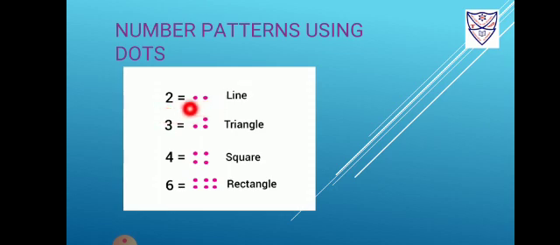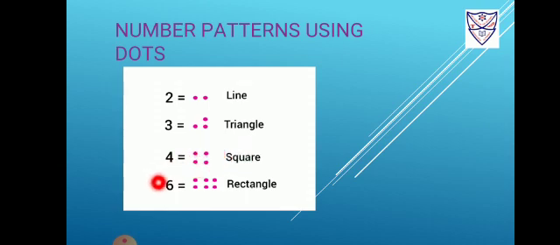Now the next number is 3. 3 means we have to use 3 dots. So by using 3 dots, which shape can we make, students? Triangle. Because a triangle is a shape with 3 sides, 3 angles, so we can make a triangle. 4. Now by using 4 dots, we can make a square.